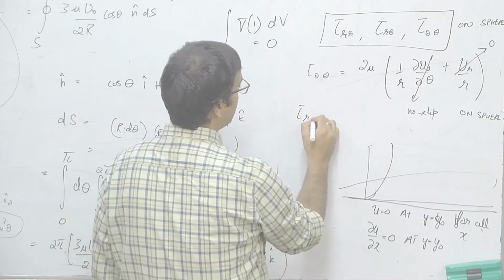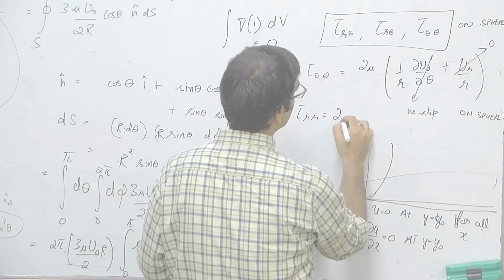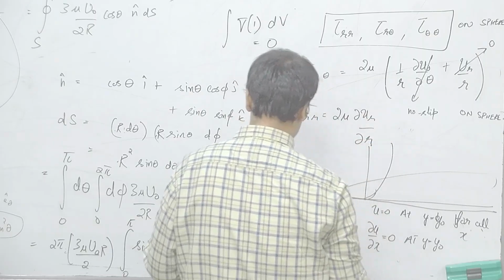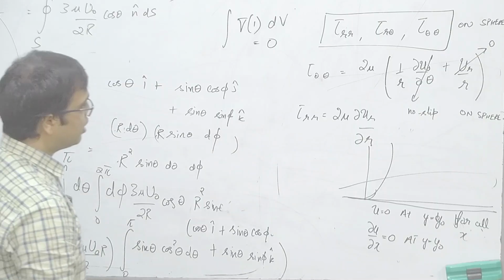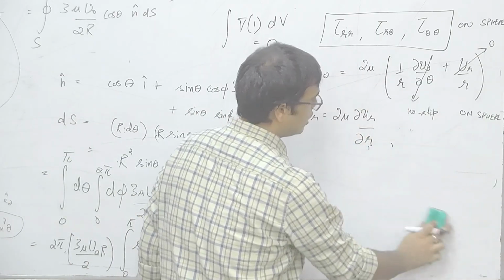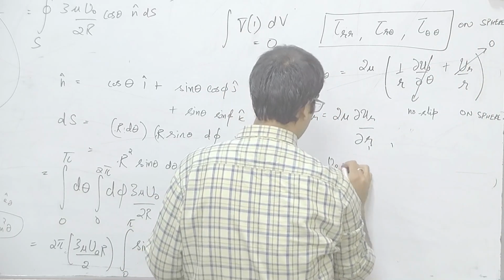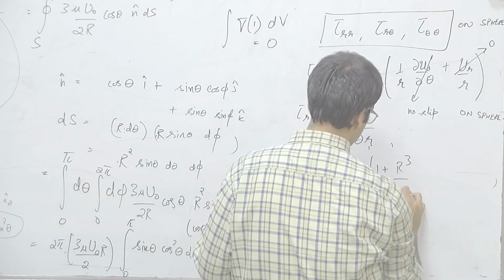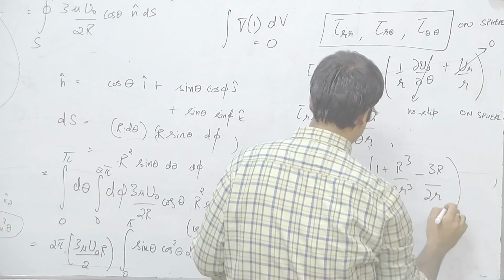What about tau r r? Let us look at tau r r. The definition is 2 mu del u r over del r. So we have computed the radial velocity, u r. U r is basically given by u naught cos theta times 1 plus capital R cube by 2 r cube minus 3 capital R over 2 small r.